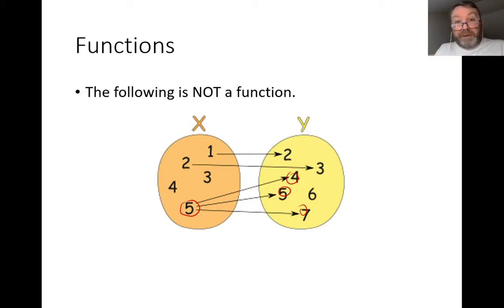Therefore, one number cannot give 3 different solutions when it goes into a function. It simply doesn't happen. All right, so we have to watch out for repeating arrows that are coming from the domain to the range. And if you have any element in your domain that has more than one arrow to an output in your range, well, then you know that that is not a function. And this here is most definitely not a function.